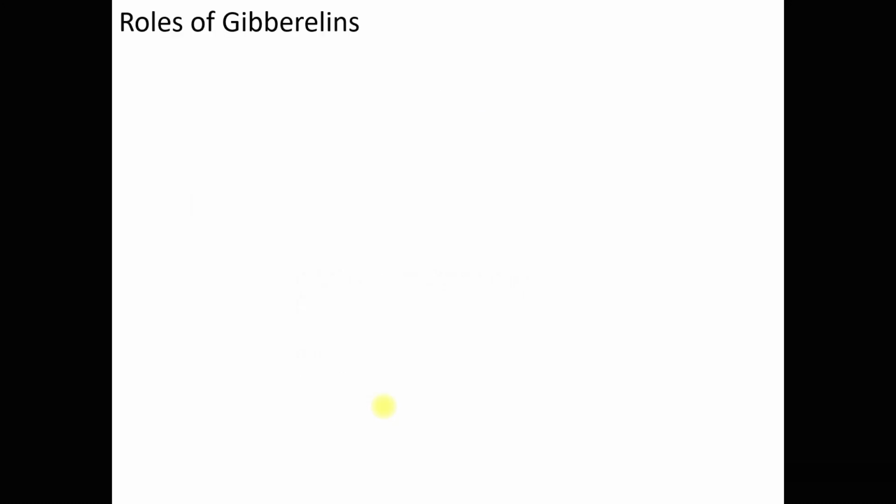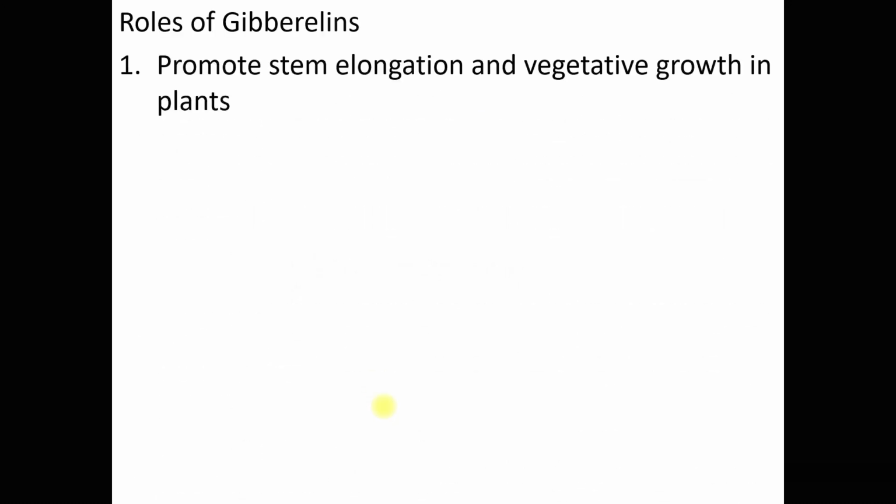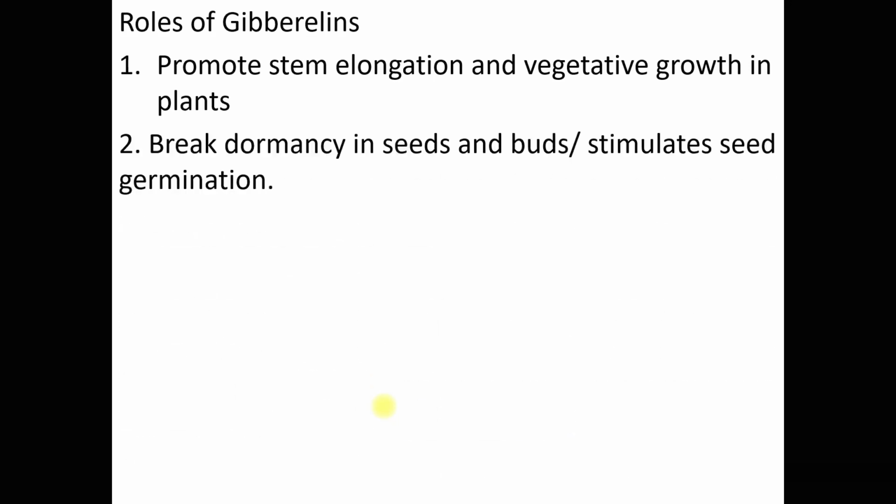Now, roles of gibberellins. They promote stem elongation and vegetative growth in plants, then break dormancy in seeds and buds. Or you can simply say that gibberellin stimulates seed germination.